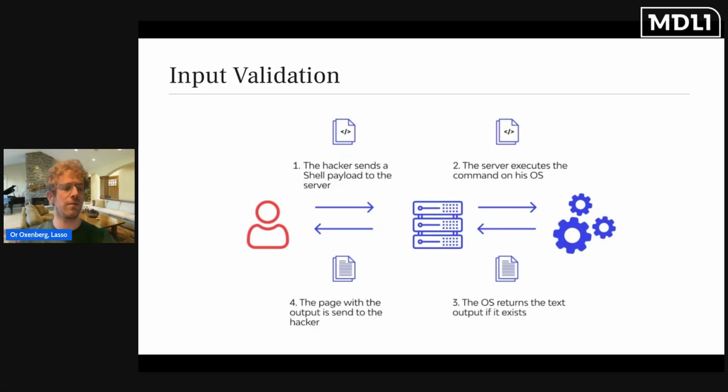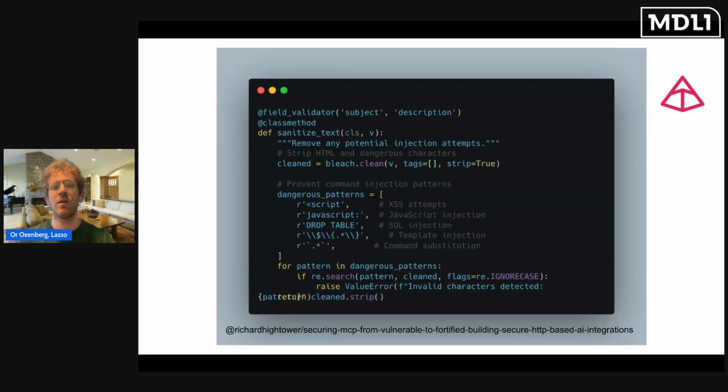Another part of securing a server is input validation. As you know, the client and the server talk with each other, and in our case it is text that flows between them. So this text can contain, like we saw in the example, code or code injections, and it can contain text that talks to another agent, as we see here. Like we can take an agent and another agent and have them talk with each other with an MCP. To protect against code injection is pretty easy.